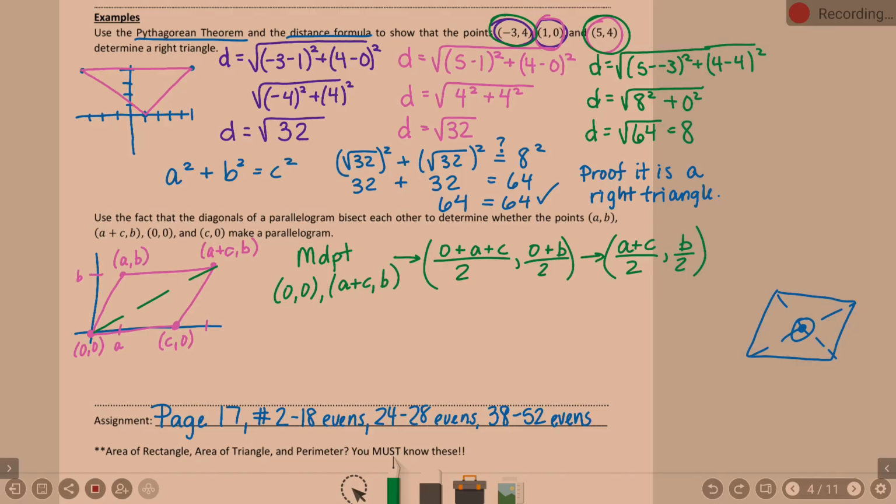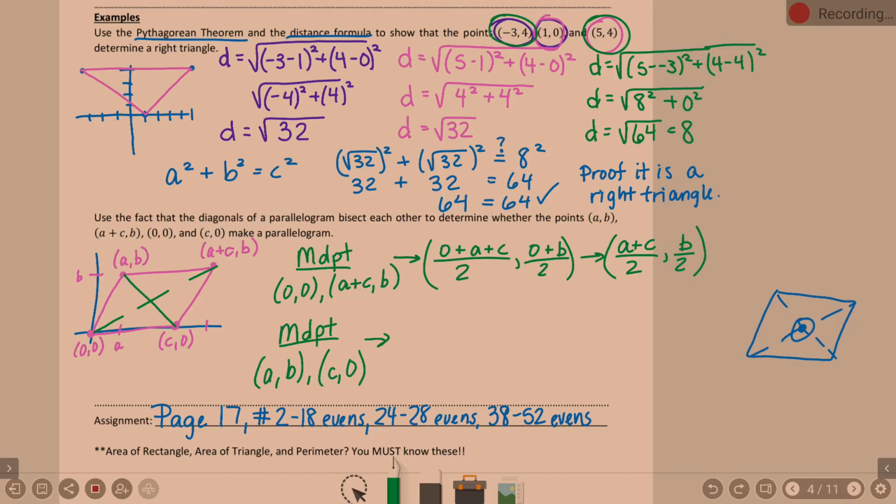Okay, there's one midpoint. Now, we're going to find the other midpoint. This time, we're finding the midpoint between a comma b and c comma 0. So the other diagonal.